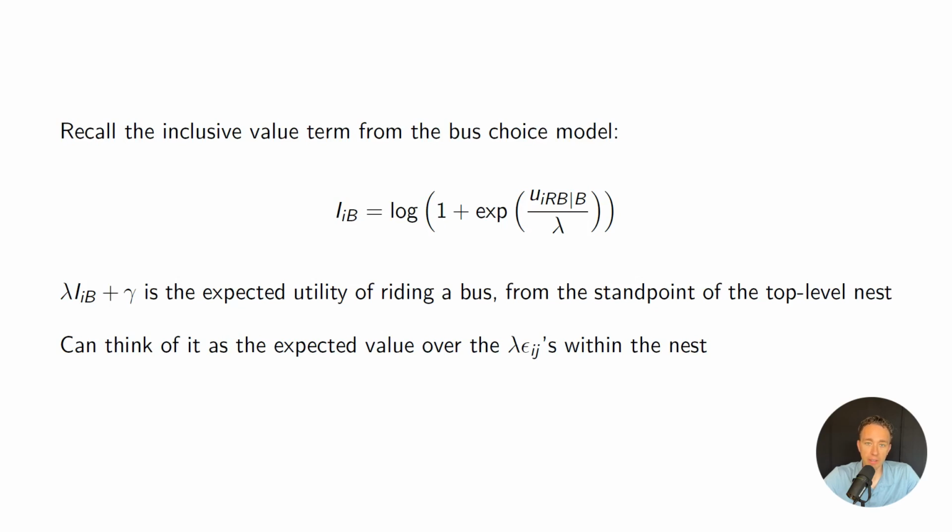And then in the last video, we talked about lambda times I sub ib plus Euler's constant being the expected utility of riding a bus from the standpoint of the upper nest. In essence, we can think of this as expressing the expected value of the lambda times epsilon error component that differentiates utility across the alternatives within a nest.